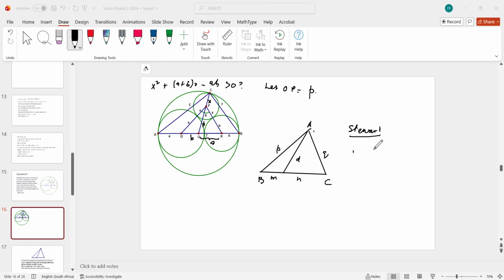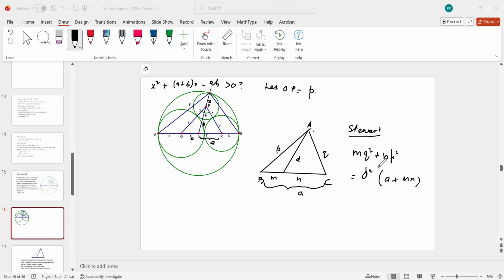The way it works is m times this q squared, that piece times the other opposite one, plus n times p squared, similar kind of thing here, is equal to d squared plus mn, where a is equal to m plus n. I'm calling it small a because it's the side opposite angle A.